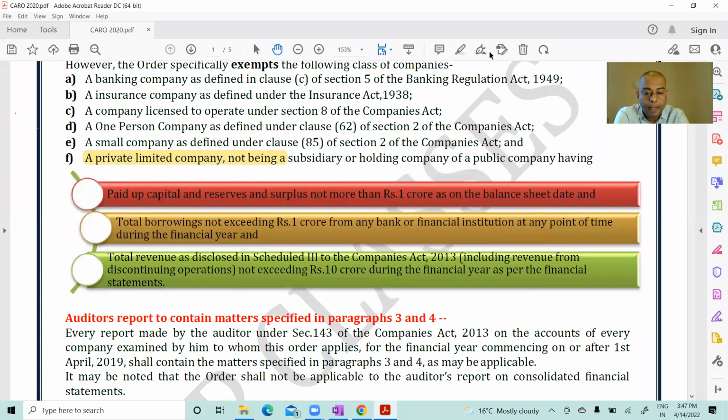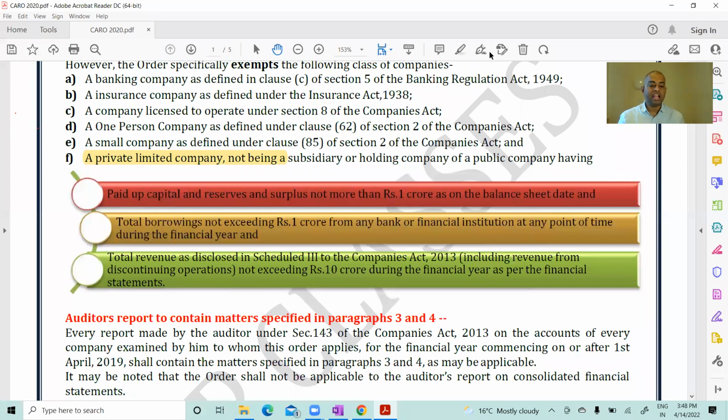Second point, total borrowing not exceeding rupees 1 crore from any bank or financial institution at any point of time during the financial year. And third point, total revenue as disclosed in Schedule III to the Companies Act 2013, including revenue from discontinuing operations, not exceeding rupees 10 crore during the financial year as per the financial statements.